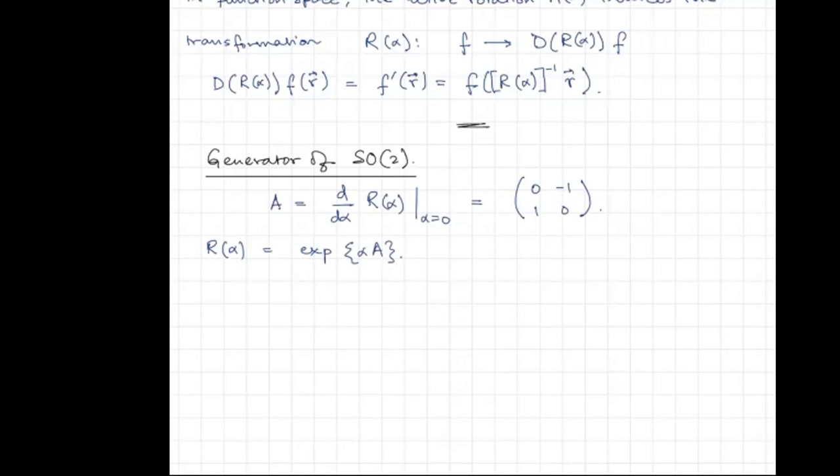The representation of the group elements R of alpha of SO2 can be translated into a representation of the generator of the group as well. So d of R of alpha, which in shorthand we denote by d of alpha, was given by the exponential of alpha d of A, where d of A is a representation of the generator of the group.